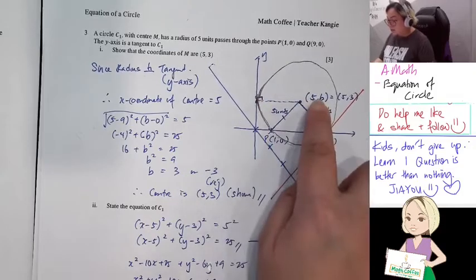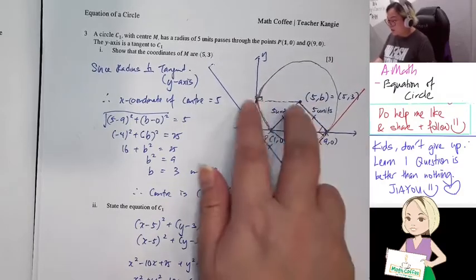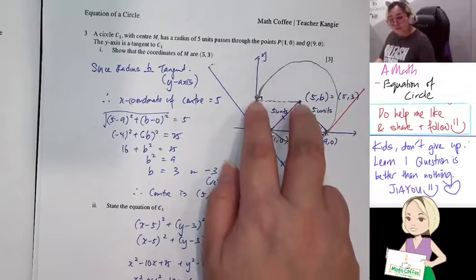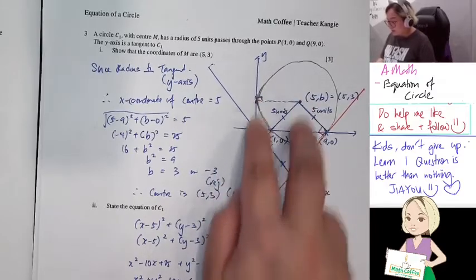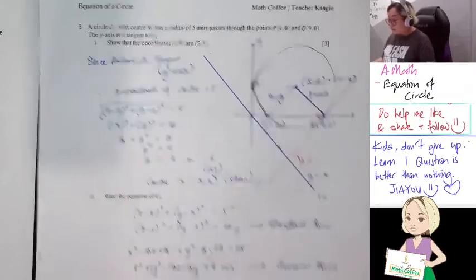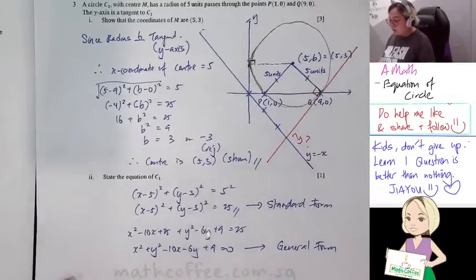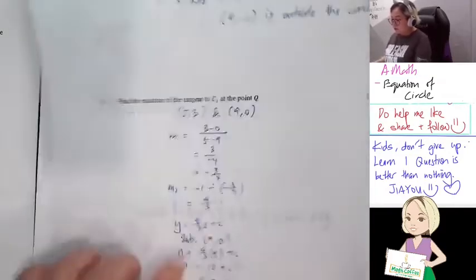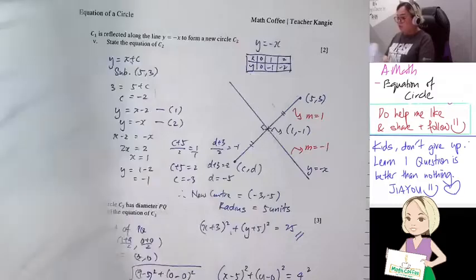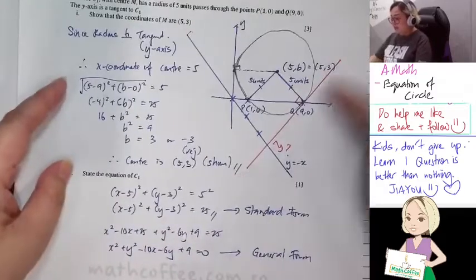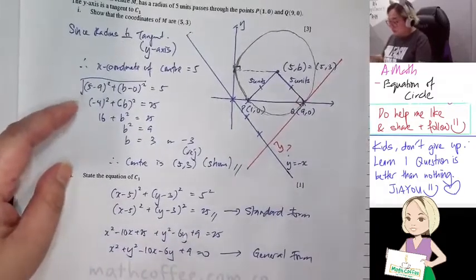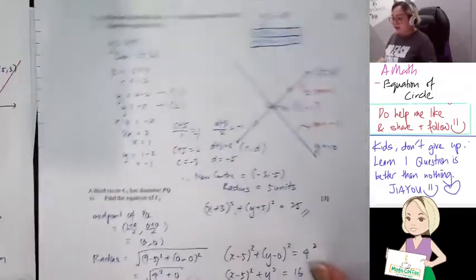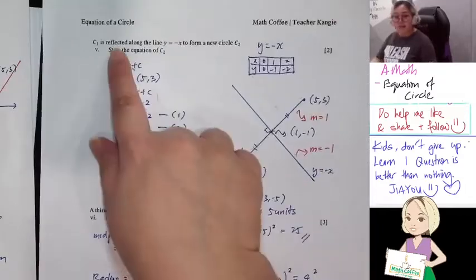So the center x-coordinate is the radius, because this is the radius. A little bit different here is that you find the equation of the tangent line, which you simply draw the line, and again y equals mx plus c, that one's simple. Then the tough part of this one is when you're doing reflection.